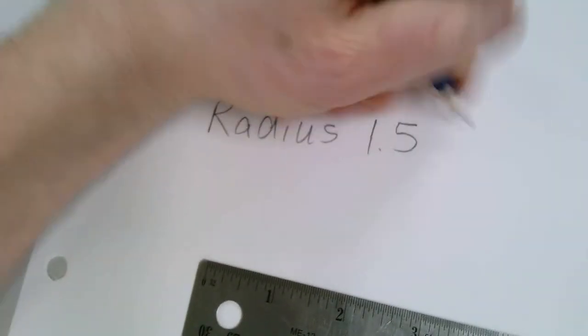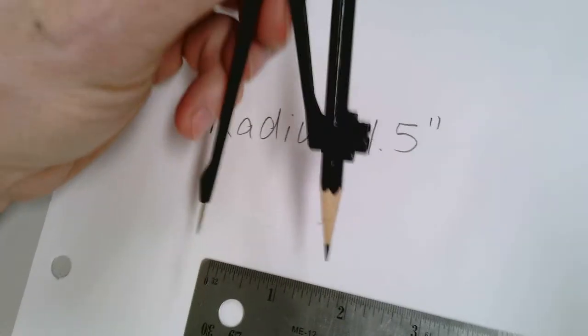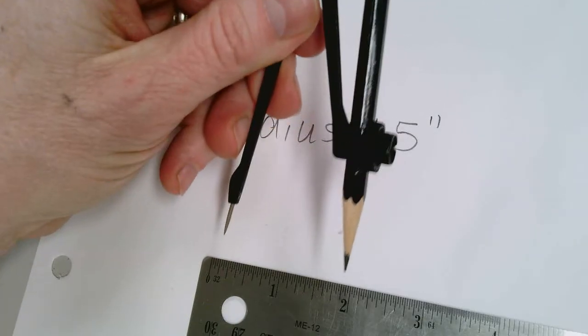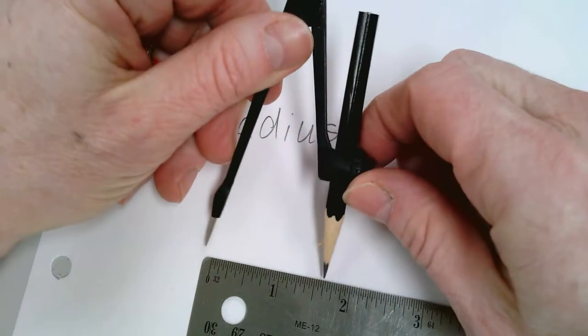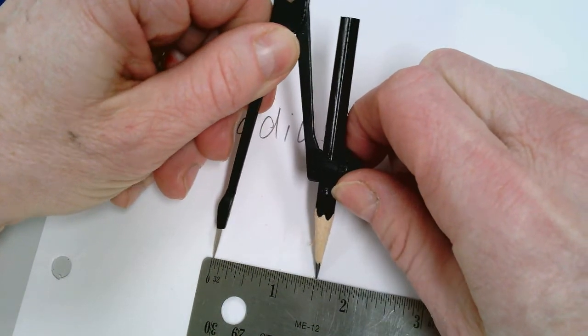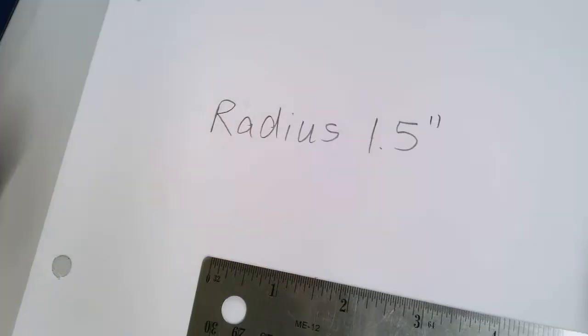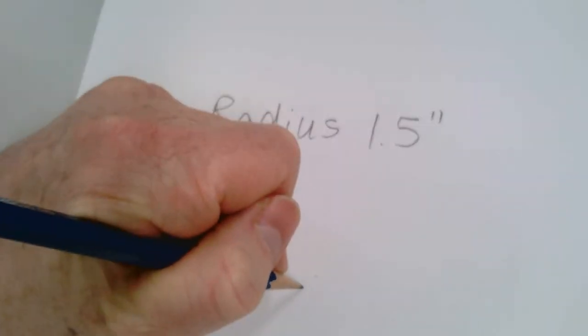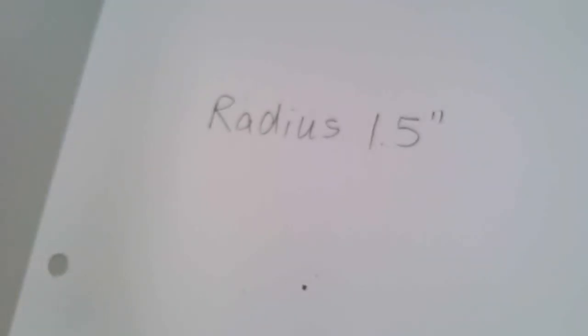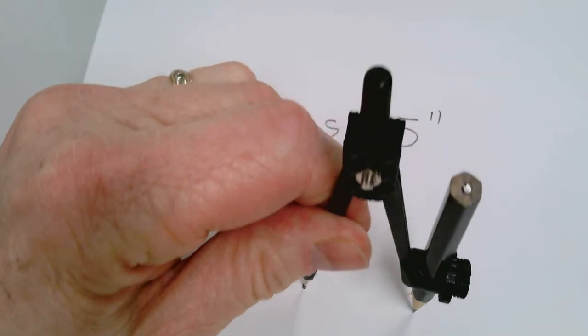There we go. Radius 1.5 inches. So what you do is you take your compass, and along your ruler you actually measure 1.5 inches. And make sure you're using the inches side, not the centimeter side, because otherwise you'll be totally off.